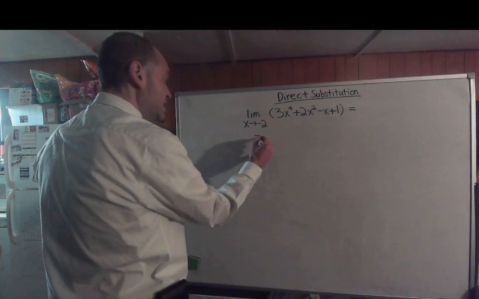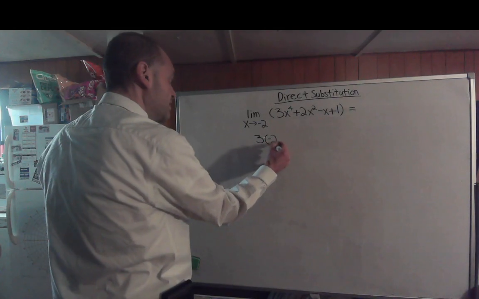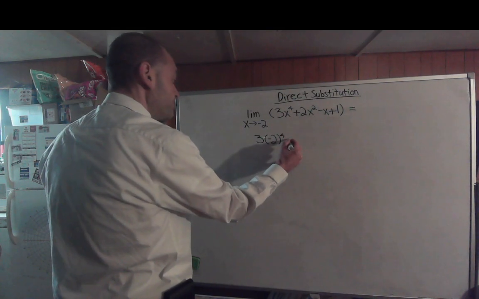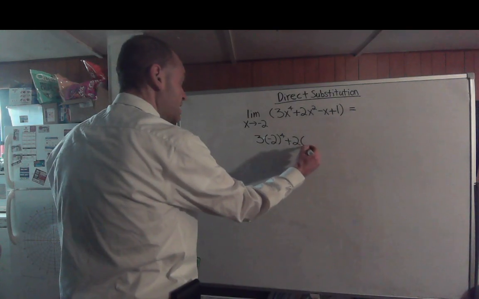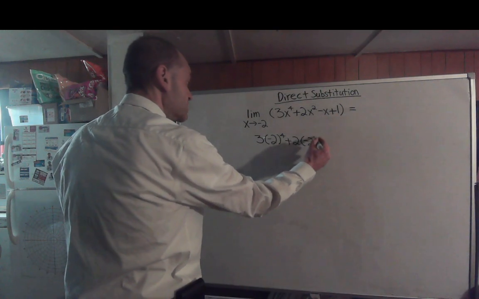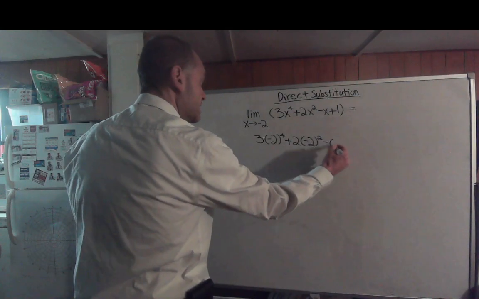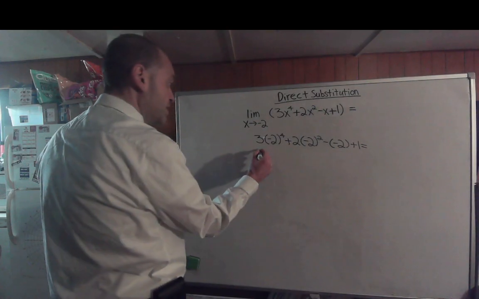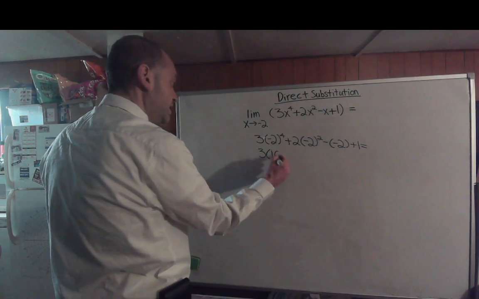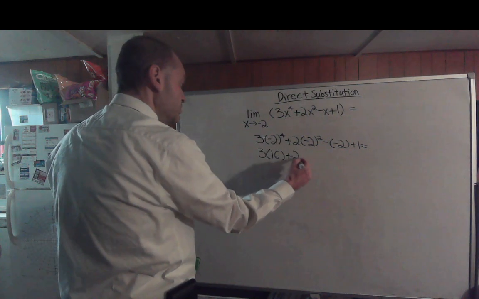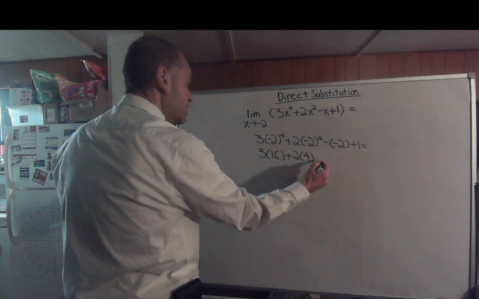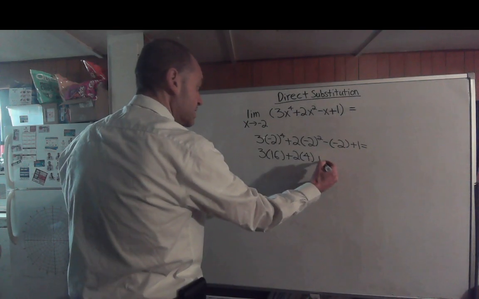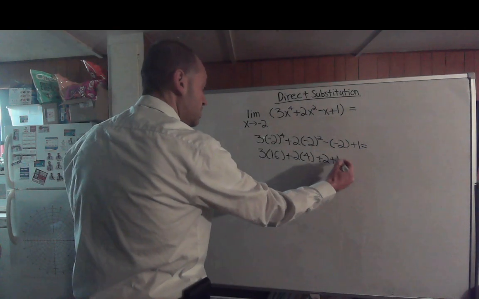So we can take then 3 times that negative 2 to the fourth plus 2 times negative 2 to the second minus negative 2 plus 1. That would give us 3 times 16 plus 2 times 4 minus 2, that's plus 2, plus 1.